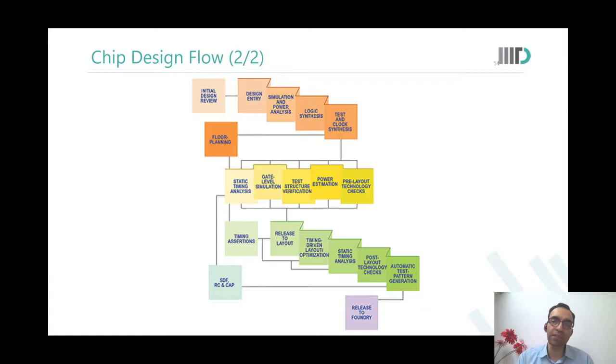And with those load capacitances, is my STA, is my timing still correct or not? If it is not, you will go back to the STA stage and you will do a layout driven optimization all over again. So there will be ECO of some parts of your chip. ECO means engineering change order. So some things you will need to change so that your delays and everything are still intact.